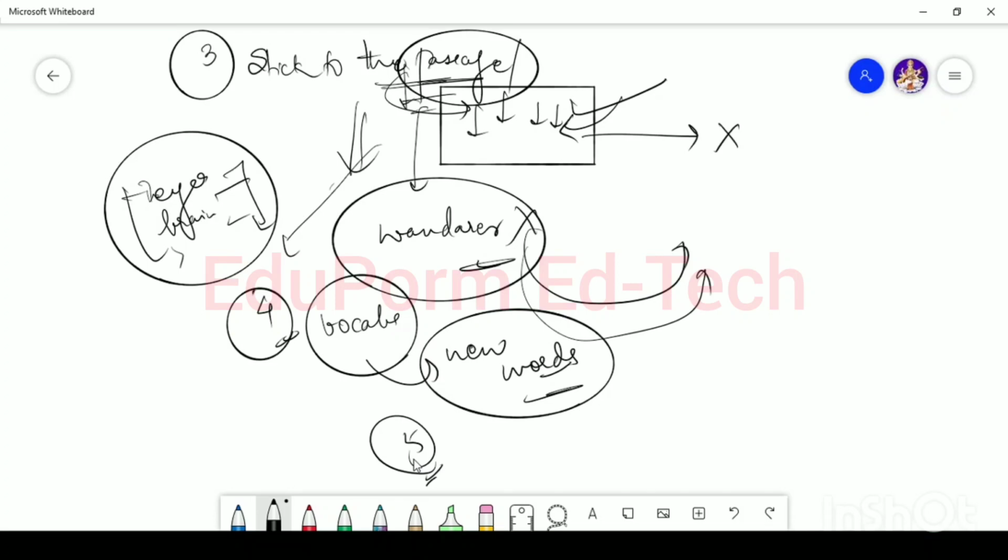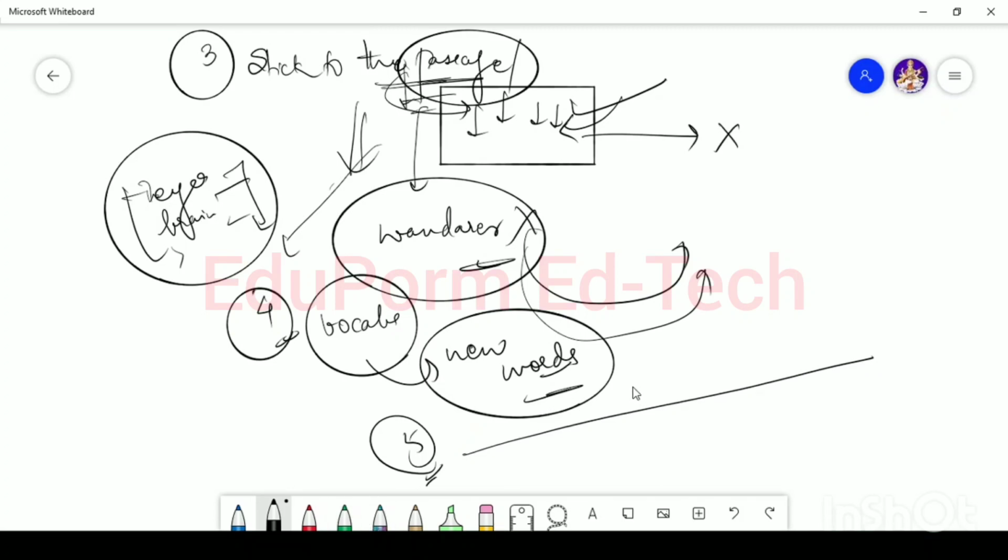Either that word is a synonym, meaning a similar word, or an antonym, meaning an opposite word. Okay? They even specify the para numbers. So what would you do if you don't know the meaning, if that word is very new to you? What I suggest is that you read the whole sentence.